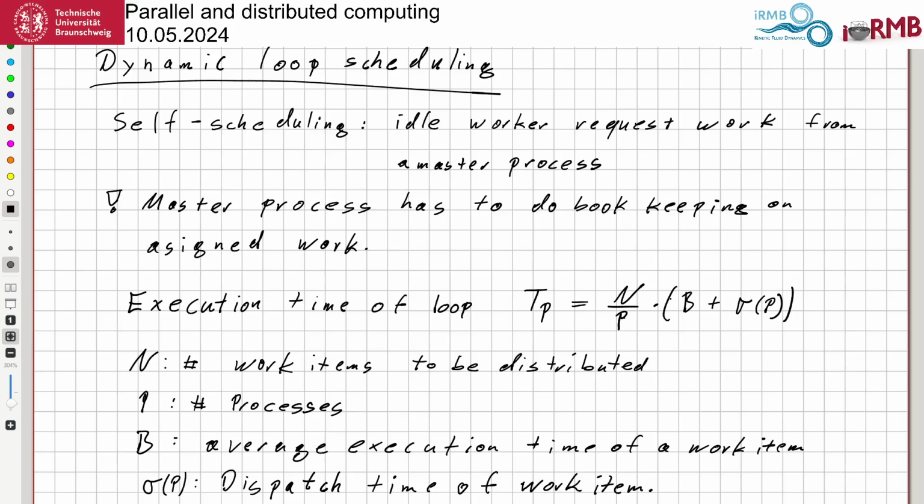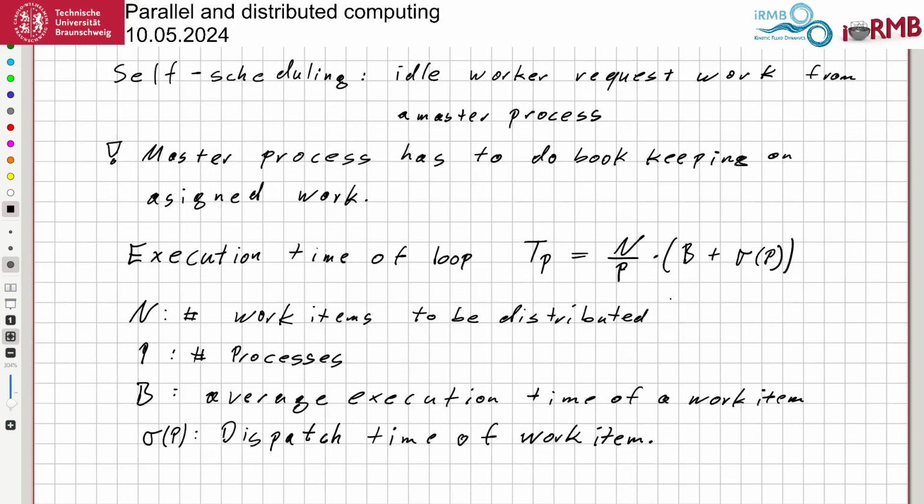Previously, in the static case, you just get your list of work items that you have to do, and then you don't need to talk to the boss anymore. Now, when you run out of work, you go to the boss and ask for more work.